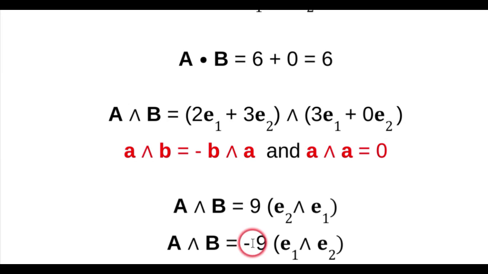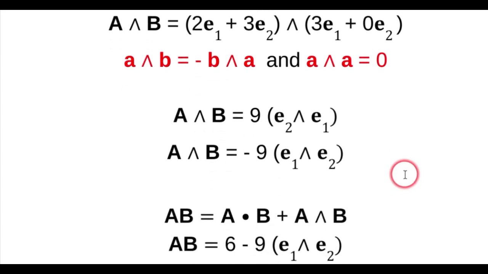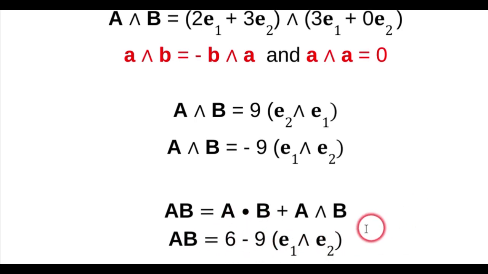And there's no such thing as a negative area, so it's just the absolute value of that. The geometric product AB is equal to 6 minus 9 E1 wedge E2. This is extremely discomforting, but there are many, many uses for it, which we'll get to. All right, thanks for watching. See you later.